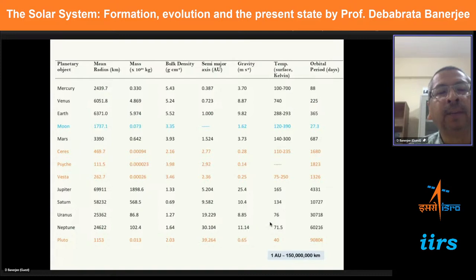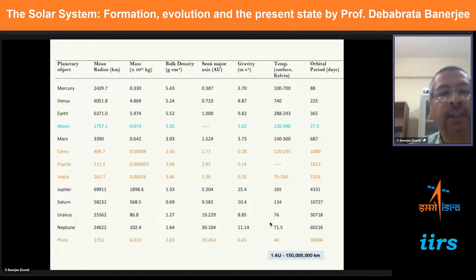I talked about the dimensions of Venus and Earth, and you can see that the radius is almost similar. Venus's radius is just 5% smaller than Earth's. Mercury is smaller, and Mars is 3,390 kilometers.